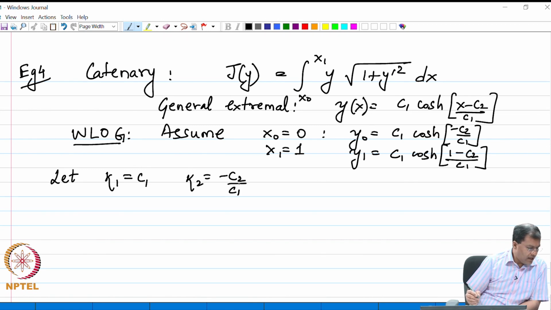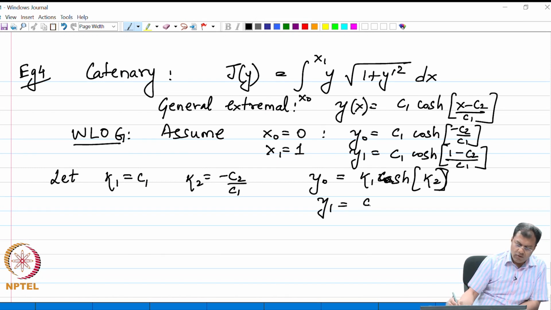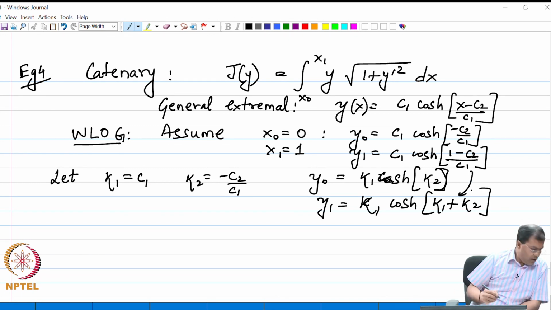In that case my y0 is equal to kappa 1 cosh of kappa 2, and y1 is equal to kappa 1 times cosh of (kappa 1 plus kappa 2). So that is how we get this expression. Then let us further assume.